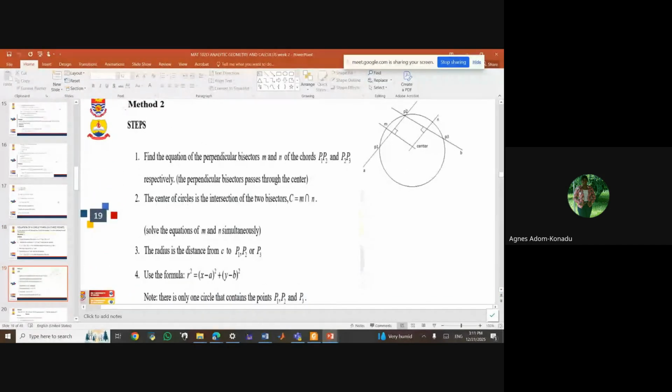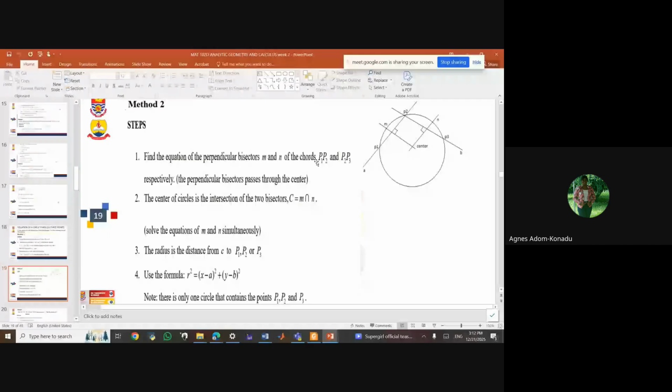So the second method. From the center, you know the center.